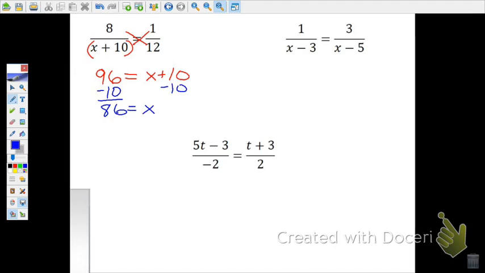Again, you can check your work. 86 plus 10 gives me 96 over 8. And if I divide that out, 8 goes into 96 12 times. So I would get 1 over 12 on both sides.